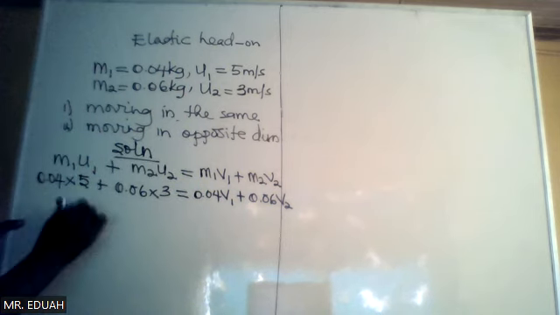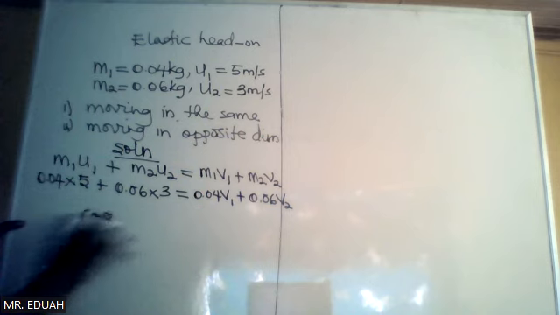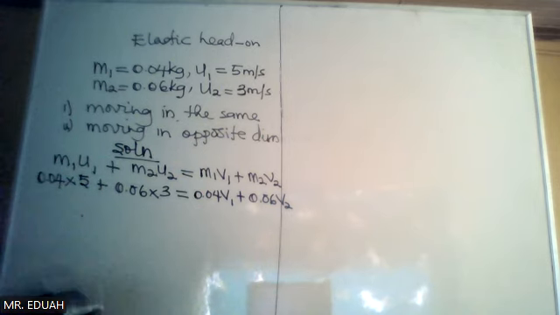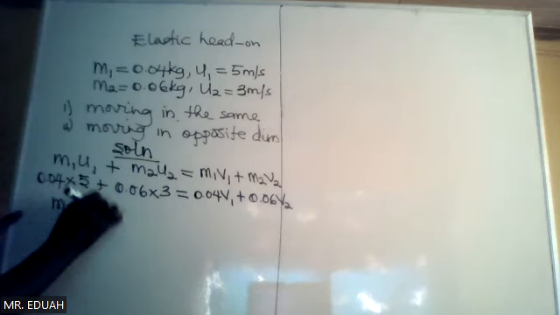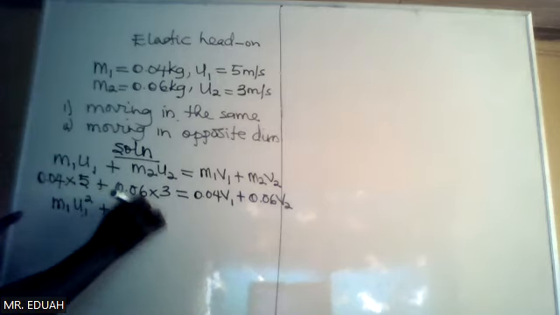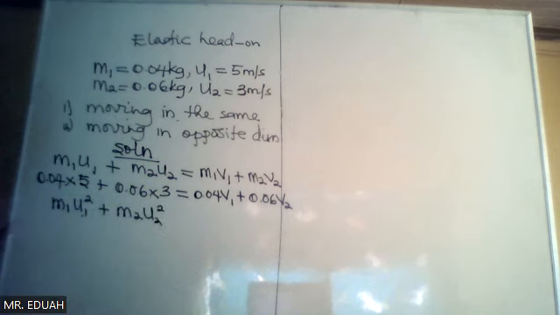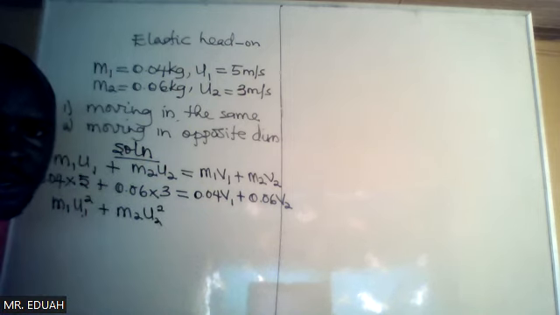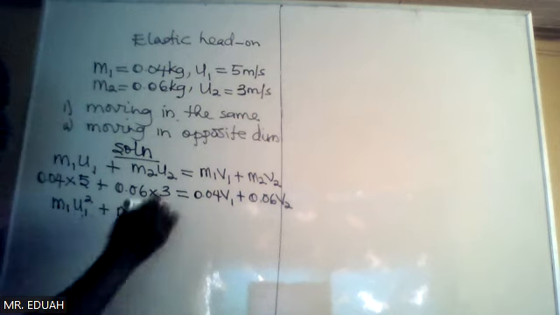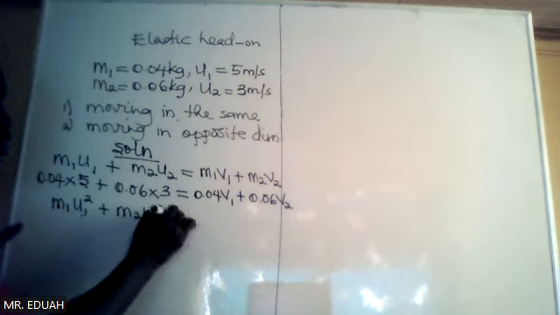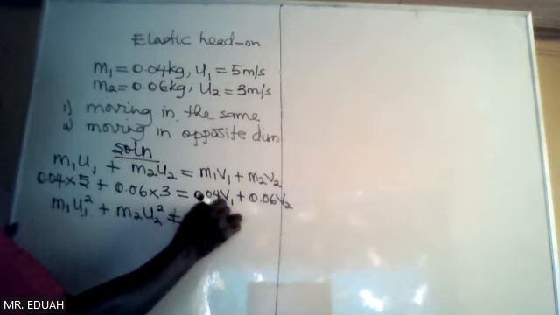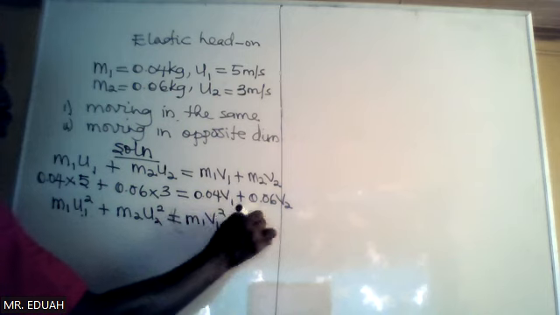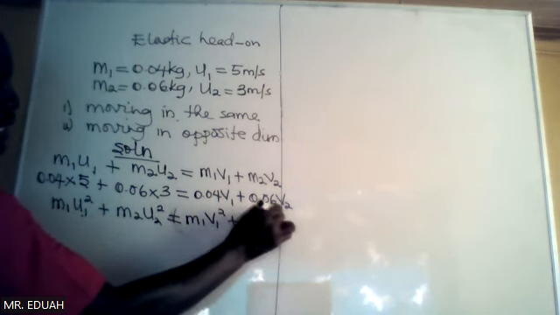Write the equation for conservation of kinetic energy. Half mv squared, but if you recall, we multiplied through by 2 and had m1 times u1 squared plus m2 times u2 squared is equal to m1 times v1 squared plus m2 times v2 squared.